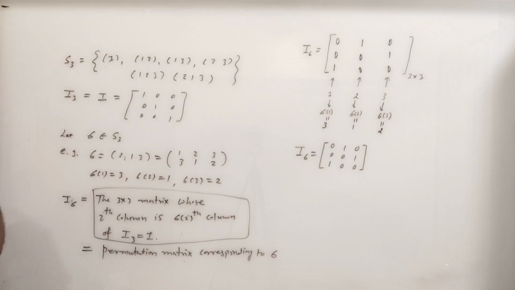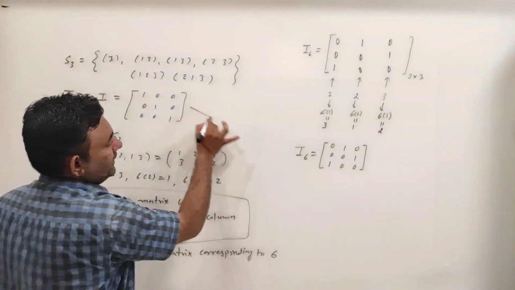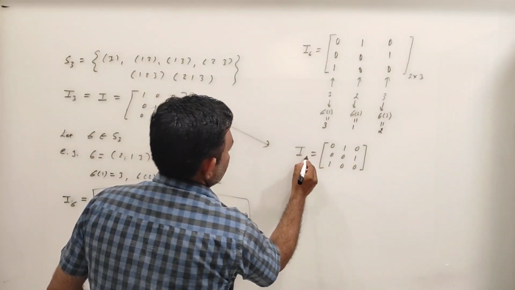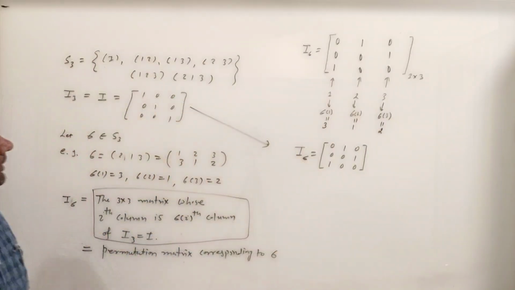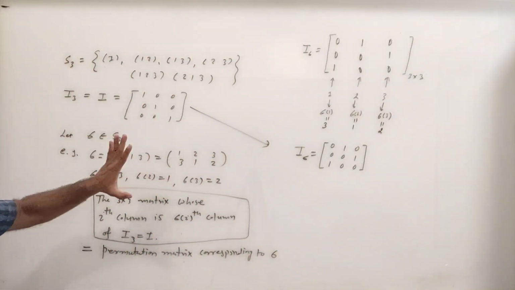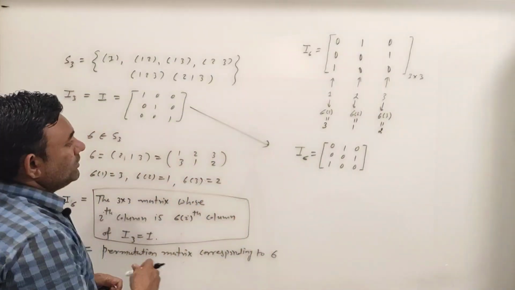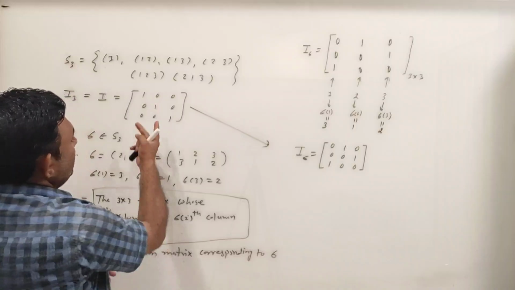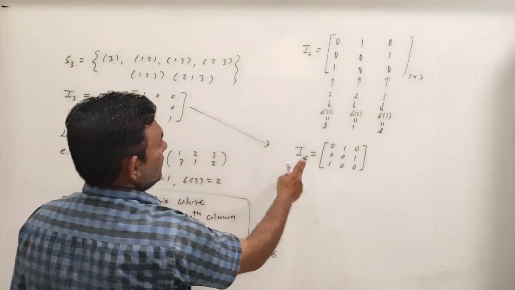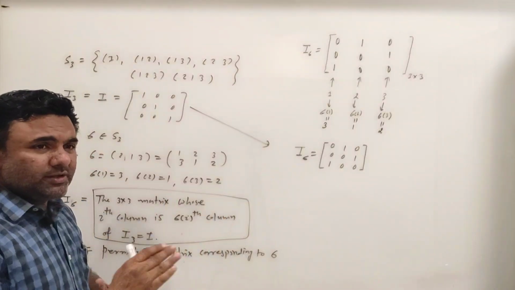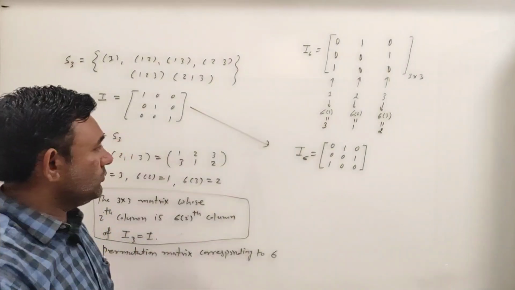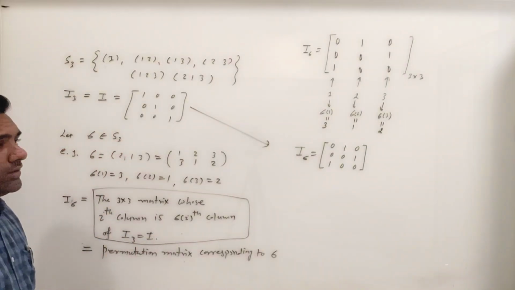So if you look directly from I to I sigma, it is just a permutation of the columns of the identity matrix, but in some particular manner. And that pattern is what?